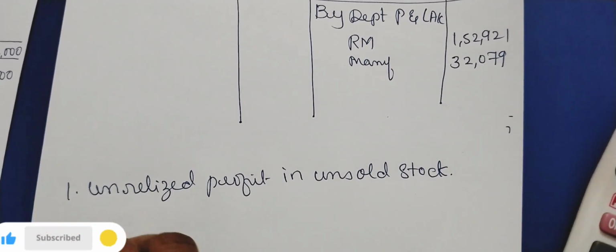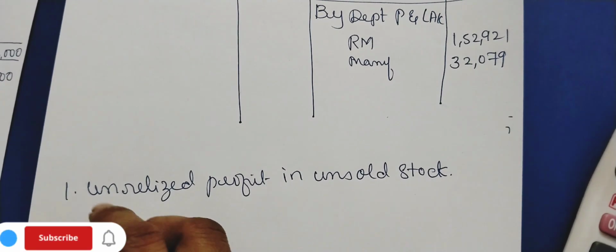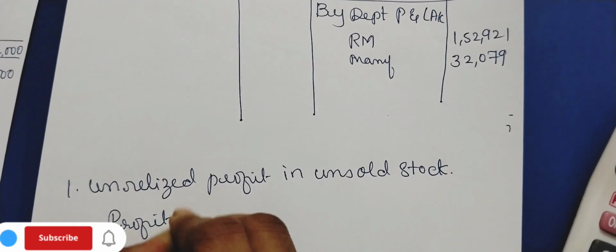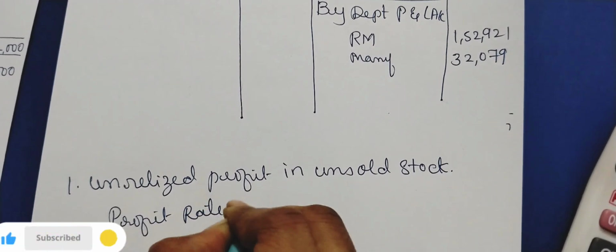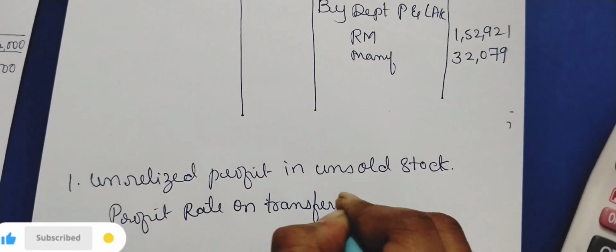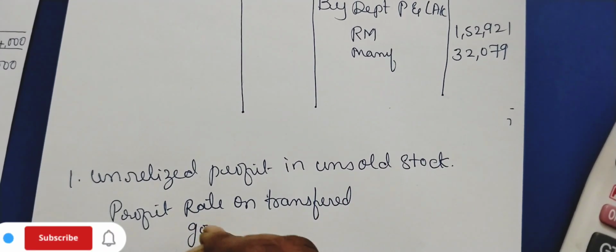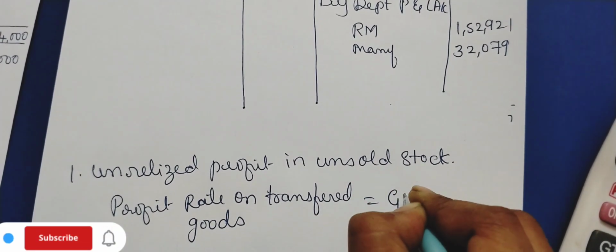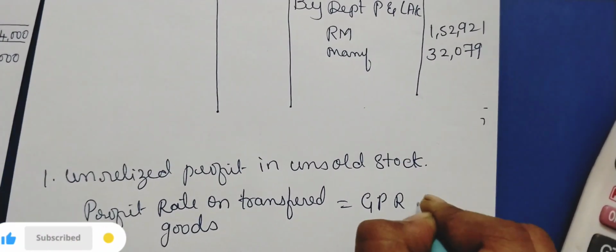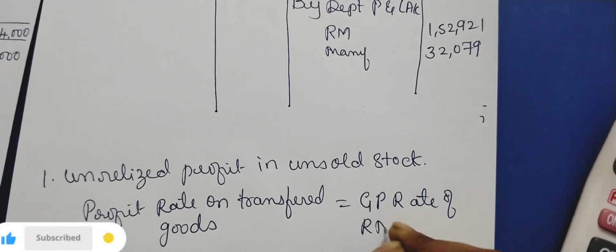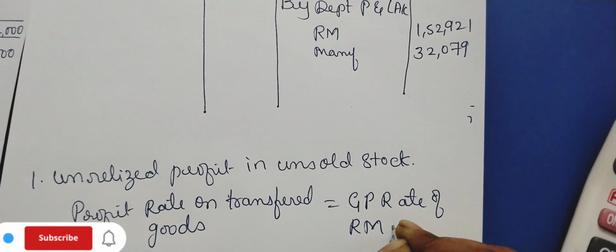Unsold stock. So we are taking based on the profit rate on transferred goods, which is equal to the GP rate of the raw materials department.